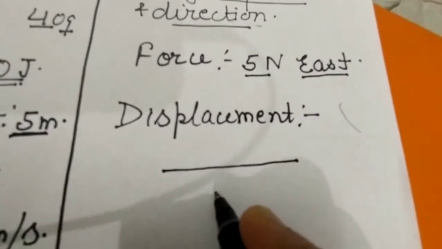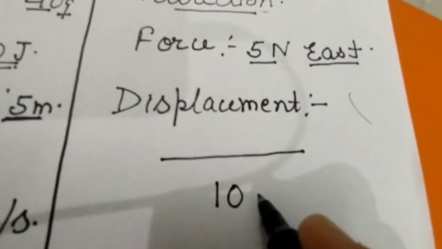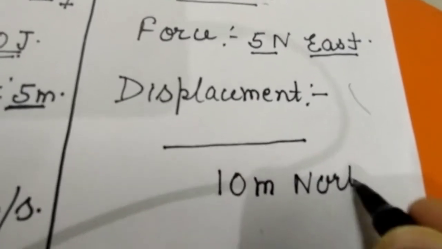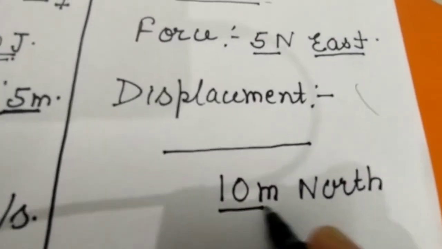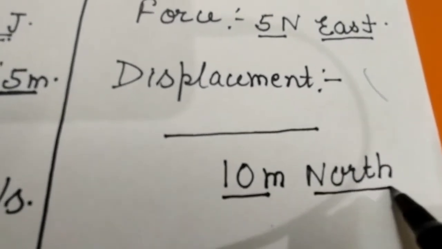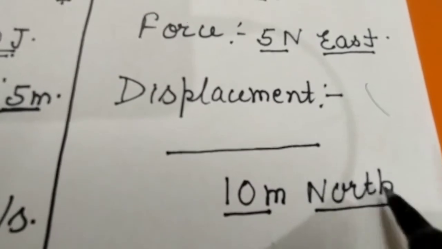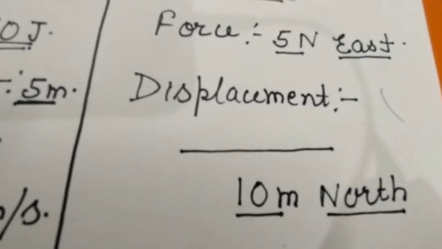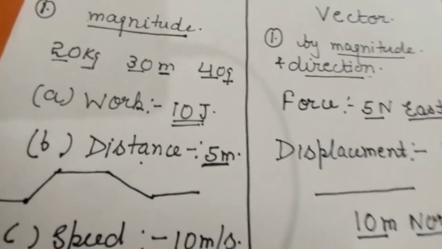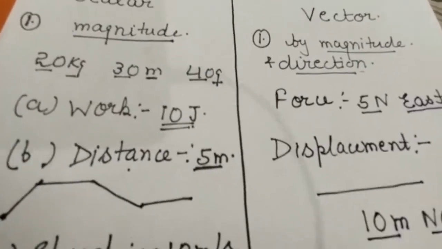So we will also represent it with magnitude as well as its direction. That is, we can say 10 meter north. 10 meter is its magnitude, north is its direction. So we are using both things to represent the displacement. So this is the major difference between scalar and vector quantities.